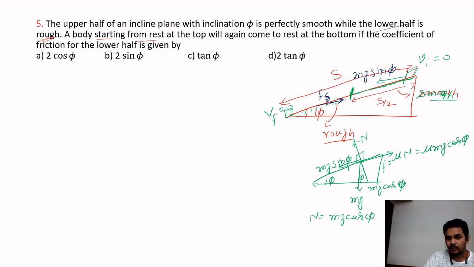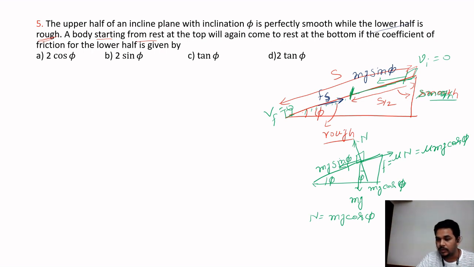So let's start the discussion. I am looking at the whole motion in a single instant. How many forces will do work on this block? The normal and mg cos phi are both perpendicular to the motion of the block. Motion is happening along the inclined plane.